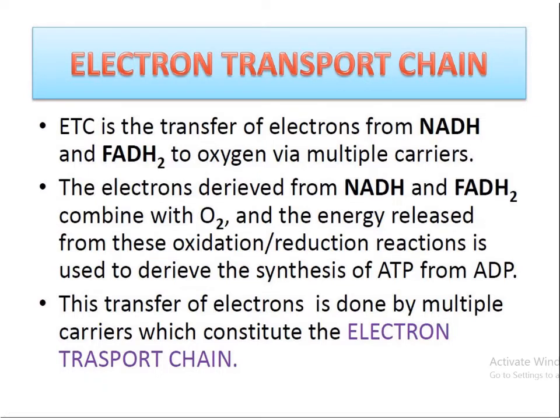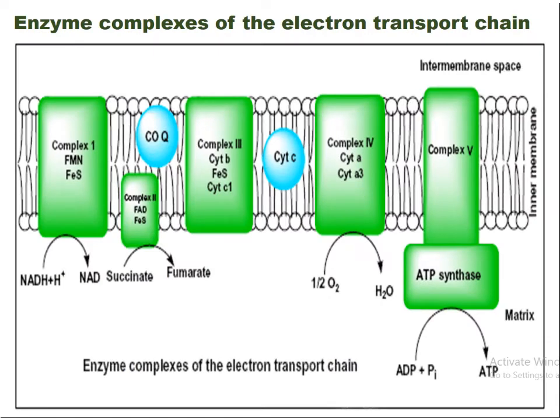Now you see here that this is the inner mitochondrial membrane, and this bottom portion is the inner mitochondrial matrix, and this upper portion is the intermembrane space. That means the space between the outer membrane of the mitochondria and the inner membrane of the mitochondria.